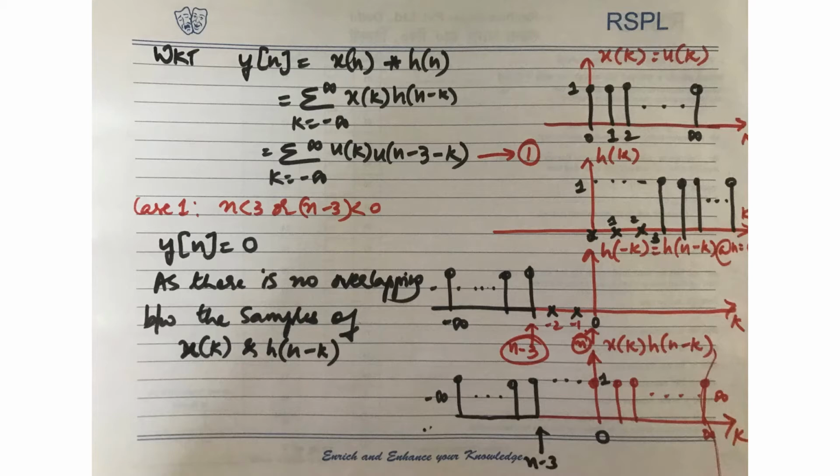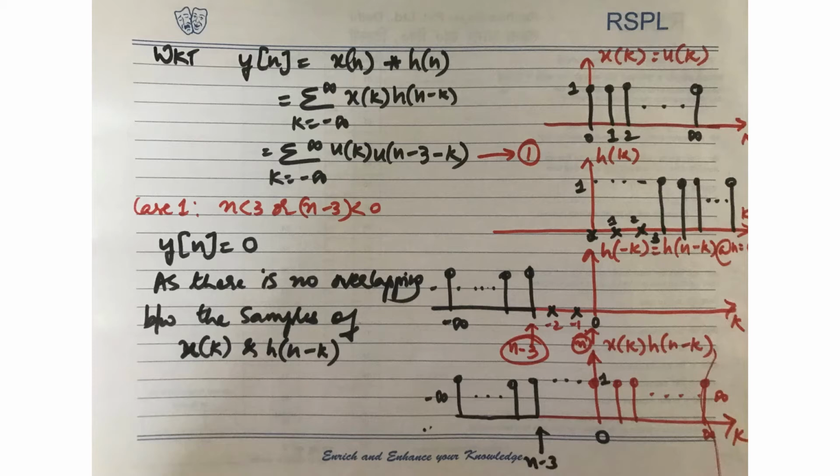How do we sketch u of n minus 3 minus k? First we need to sketch u of k minus 3. Then you need to fold u of k minus 3. So that will look like this. Then we need to multiply u of k and u of n minus k minus 3.